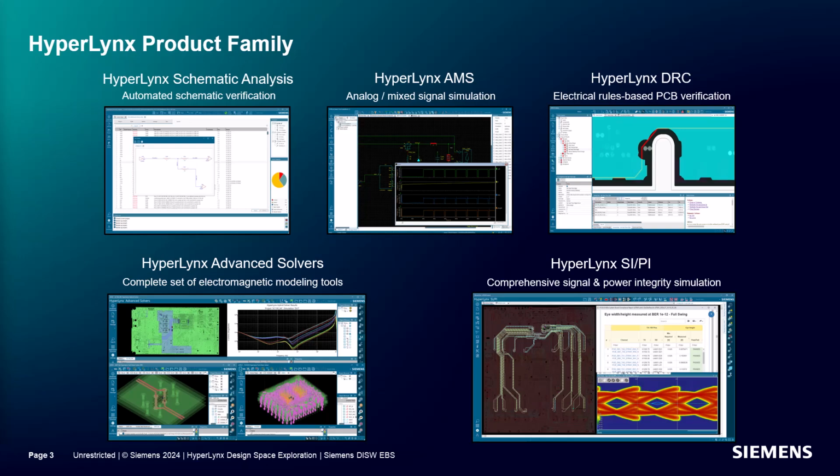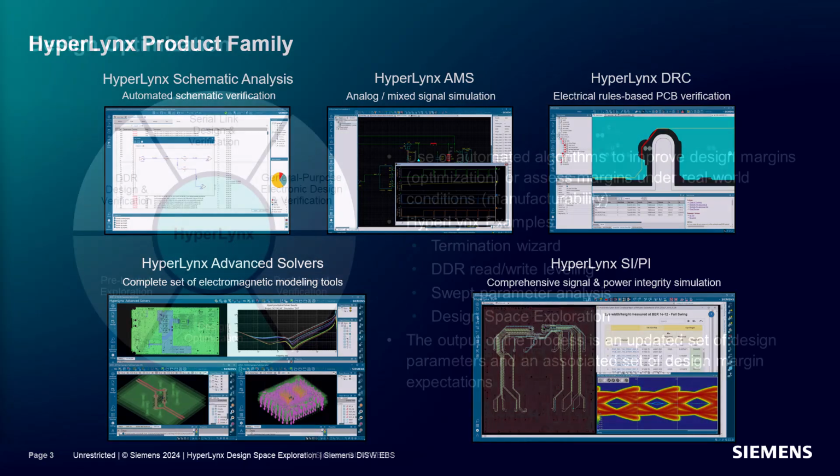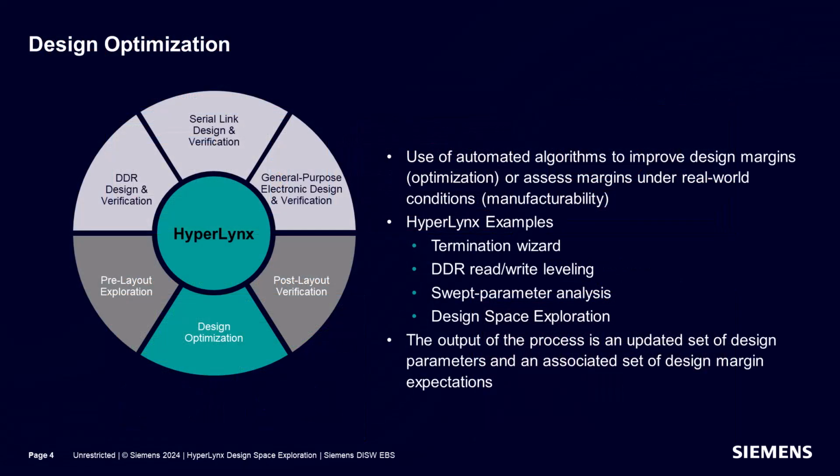Hyperlinks SI performs signal integrity analysis of DDR interfaces, SerDes-based serial channels, and general-purpose high-speed designs. Hyperlinks PI performs DC and AC analysis of PCB power delivery networks, or PDNs. Hyperlinks assists you with many different aspects of the analysis or verification process.